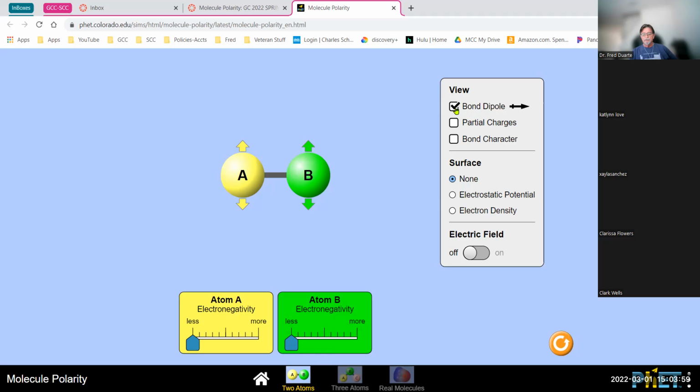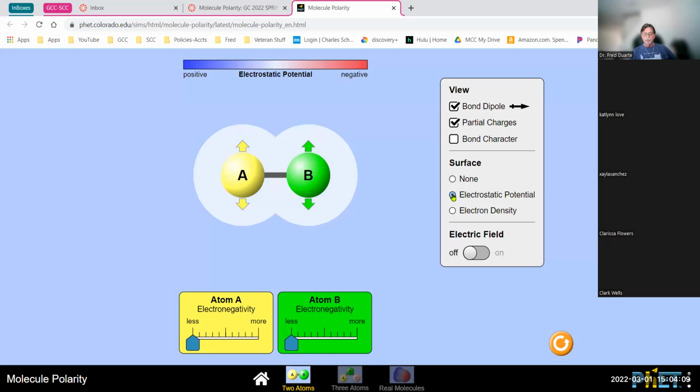But if you select up on top here the partial charges, the delta notation, and electrostatic potential, there's a color scale on top. Blue represents a positive character, and red represents a negative charge character.